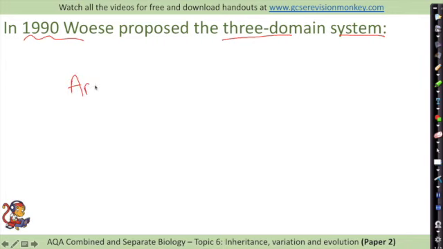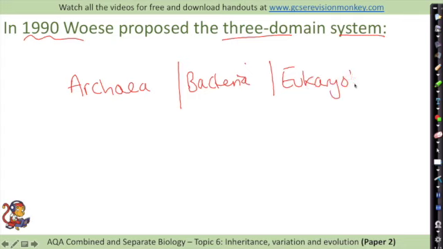So the domains are called archaea, bacteria, and eukaryota. The eukaryota contains all the eukaryotes. The bacteria and the archaea are very similar to each other.